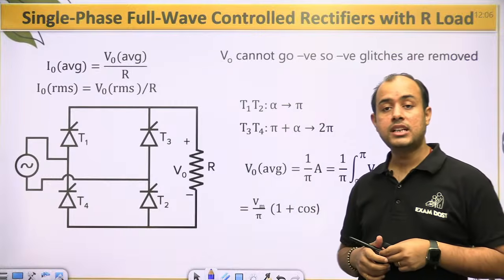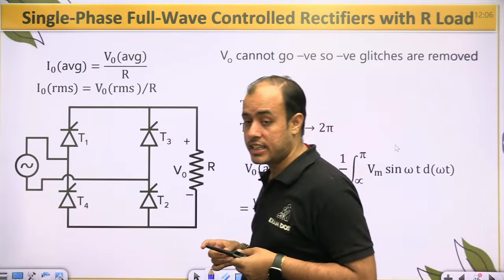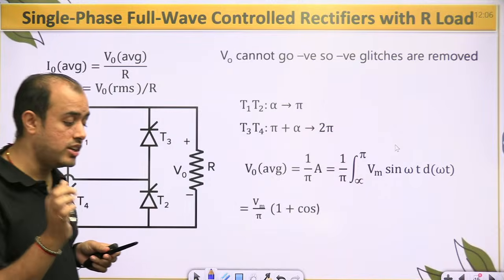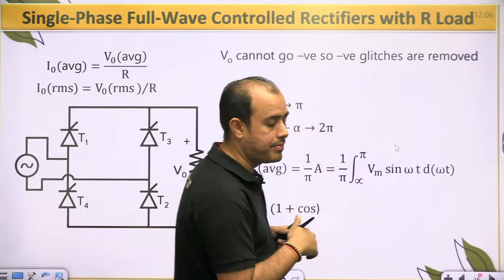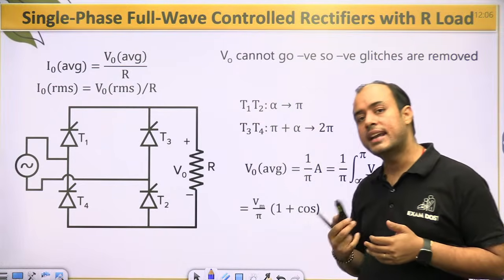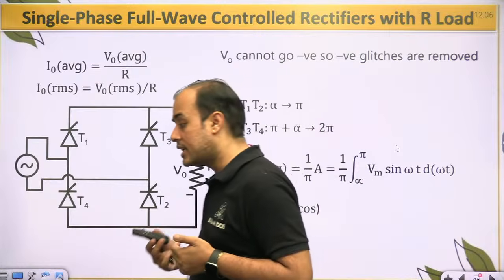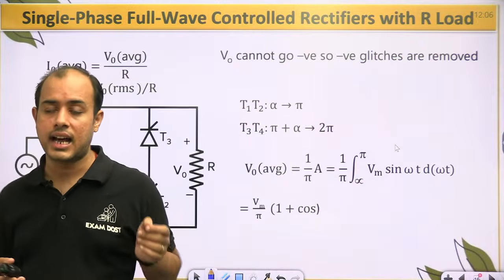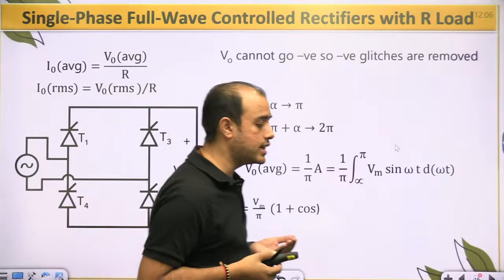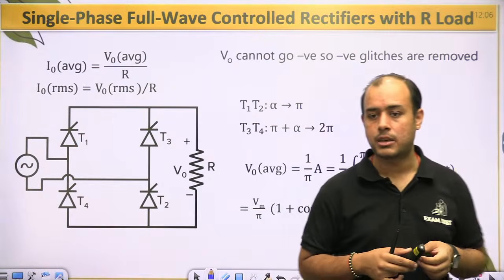Now what if the load is resistive? So remember, whenever the load is resistive, V naught cannot become negative, because if the voltage becomes negative, current will be negative, but the thyristors do not allow negative current. That is why conduction has to stop at pi.